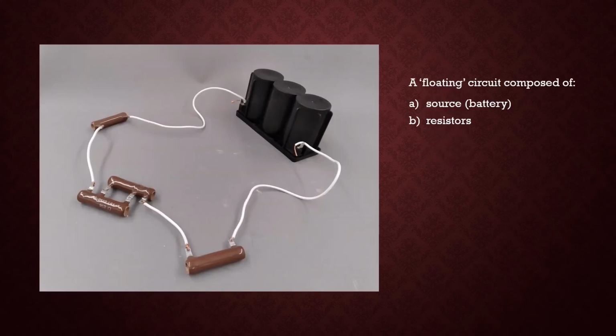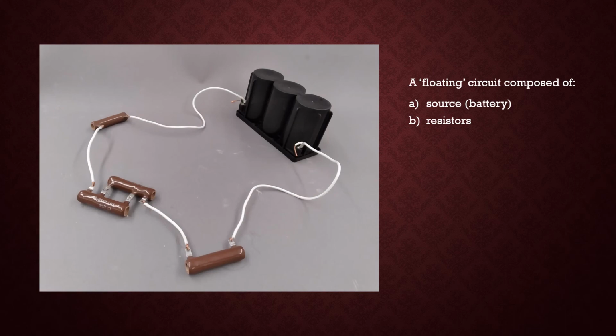Here's a practical representation of what I've been drawing schematically in the previous slides. In the upper right-hand corner of the photograph, the black object is a battery. The copper conductor with white insulation is connecting a group of resistors. And this is an example of a floating circuit, because the whole circuit, in fact, just sits in space.